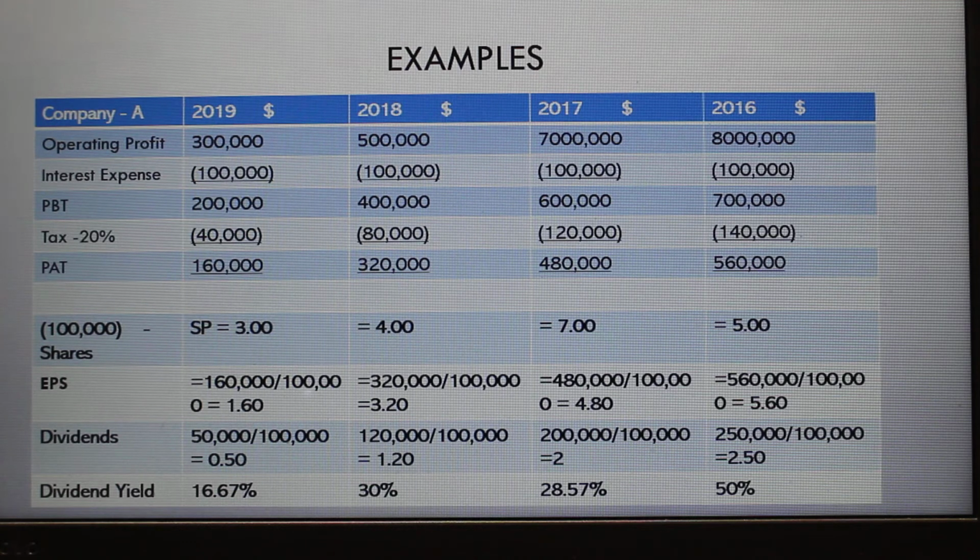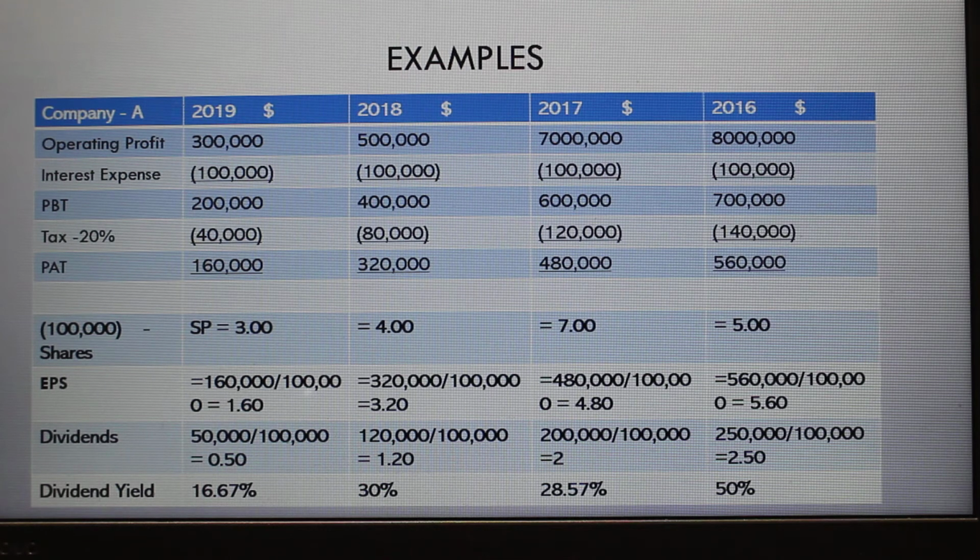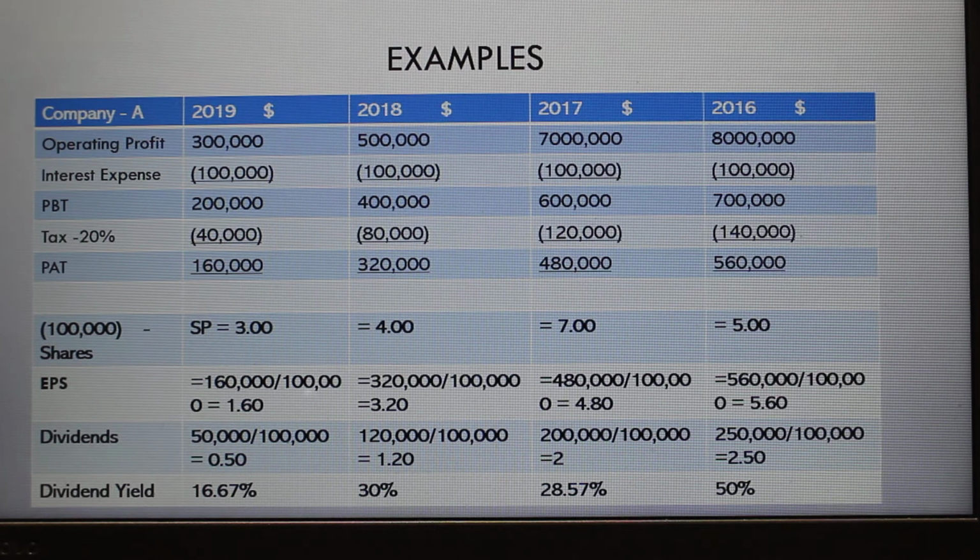And the dividend is 2. If the board of directors comes together and decides that they'll give 200,000 to shareholders as dividend, then 200,000 divided by 100 gives us 2.